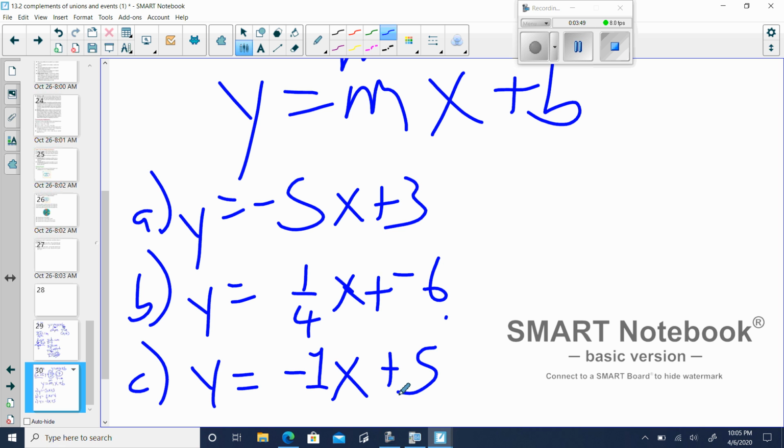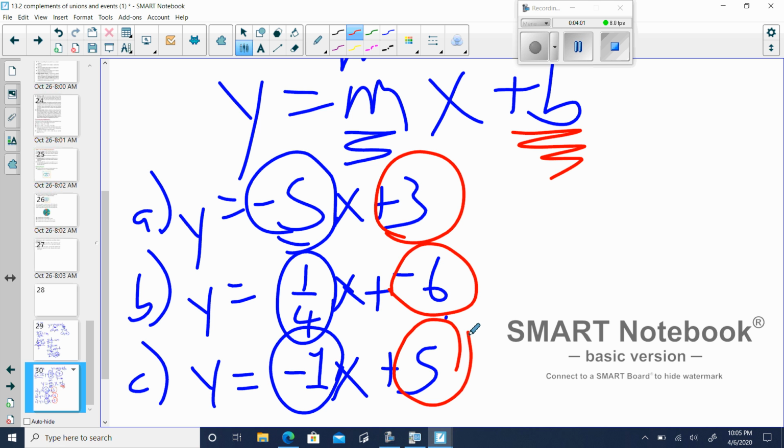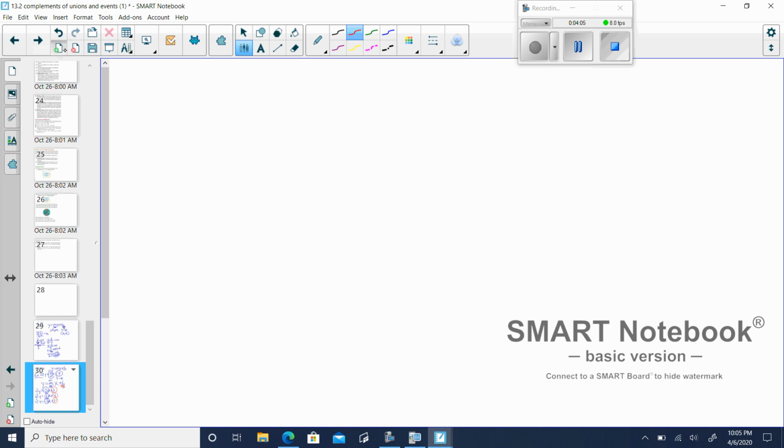All right, so our m is -5 in a, 1/4 in b, -1 in c. Our b is 3 in a, -6 in b, 5 in c. Guys, it can't get any easier than that.